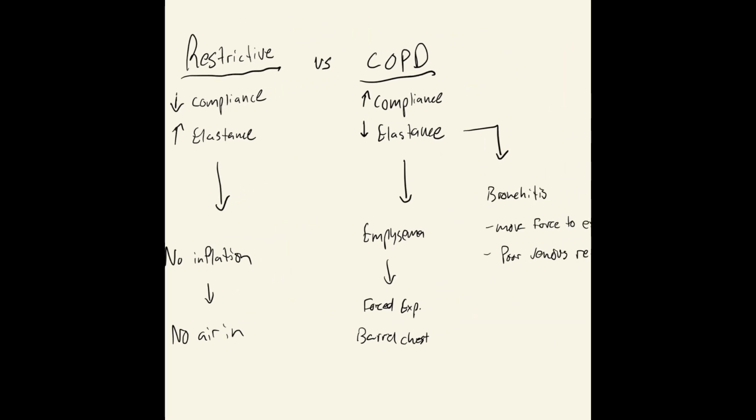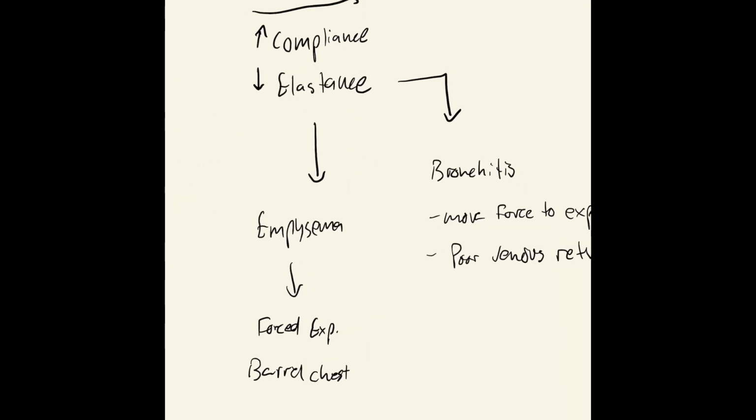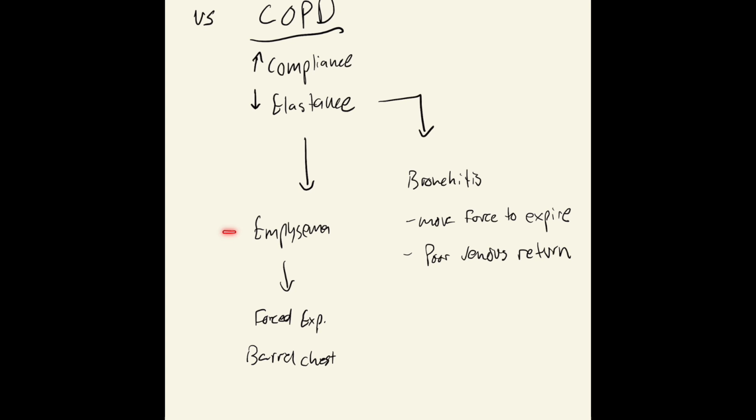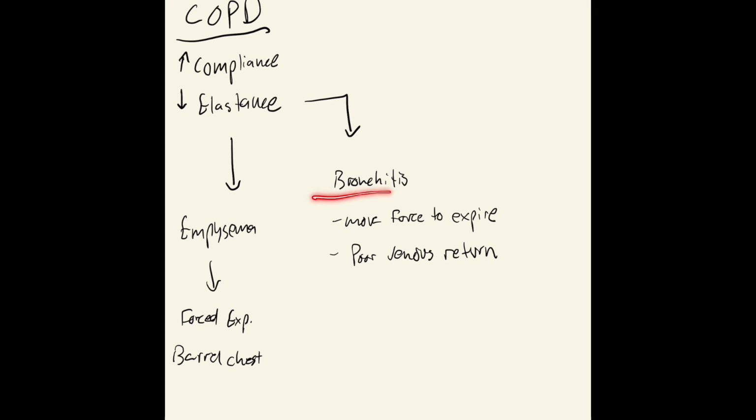Versus in the obstructive disorders, we actually have an increase in the compliance, and so our elastance goes down. We have two types of this. They can come from, first, emphysema, whose characteristics are forced expiration, pursed lips, and a barrel chest, or from bronchitis. In bronchitis, it takes more force to expire air, and you'll have poor venous return, so you might appear slightly blue.